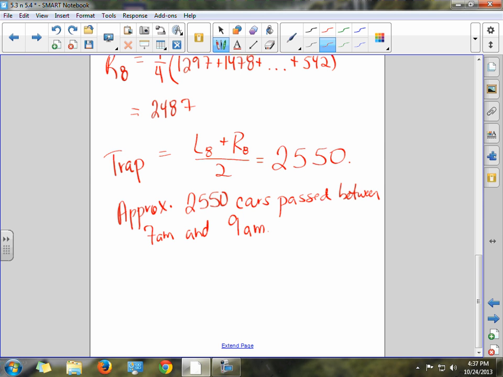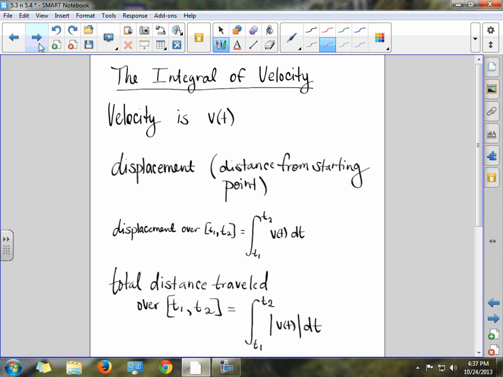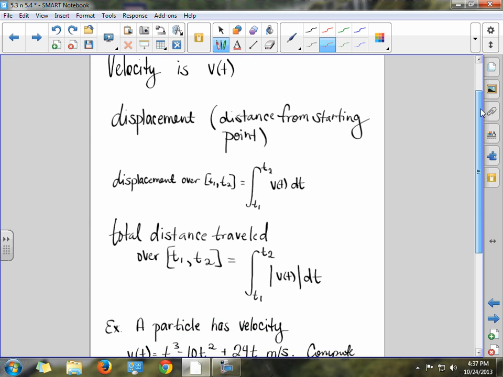So another application that we can look at, as we look at the integral of a rate of change, is looking at the integral of velocity and trying to determine displacement or total distance traveled. So we kind of have two ways that we can do it. We can look at displacement, which is just going to be the distance from your starting point.